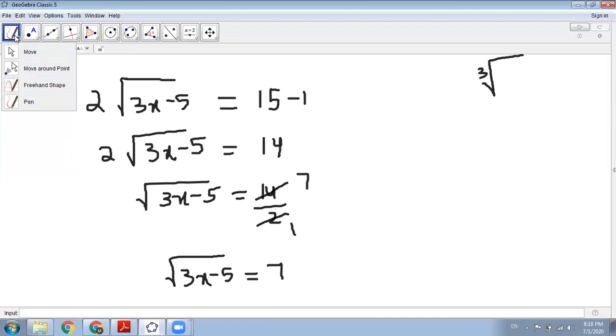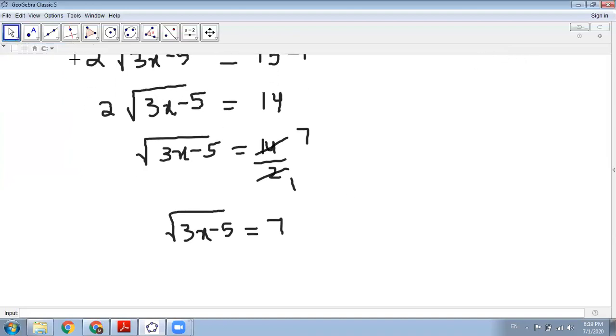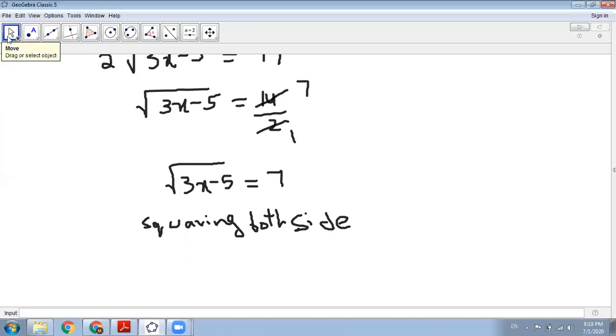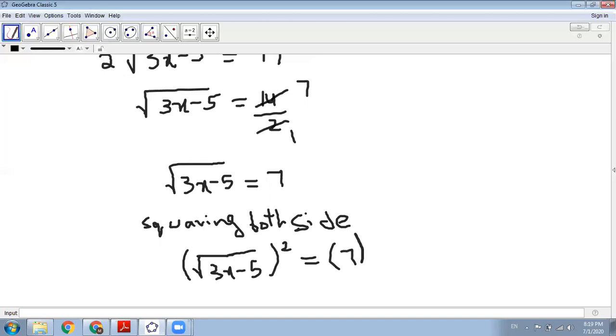Now we have to remove this radical sign, and because it's a square root, to remove that radical sign we have to use squaring both sides. So we write here squaring both sides, we get square root of 3x minus 5 whole squared equals 7 squared.